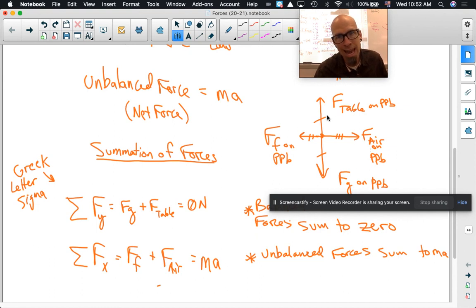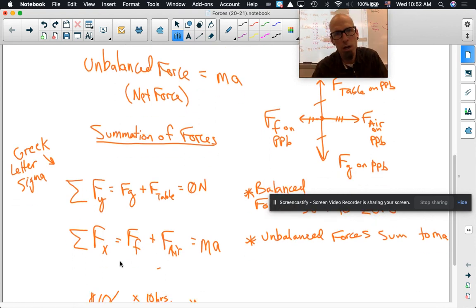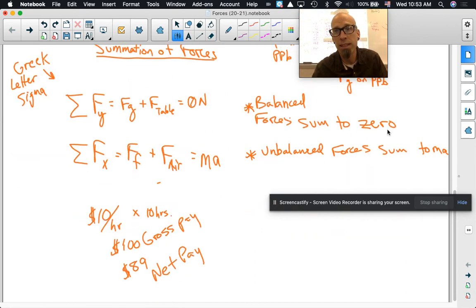So it's only the net result, the sum of all your pluses and all your minuses, that is how much force is really causing the acceleration. I hope that makes sense. That's what we're talking about with summation of forces. When they're balanced, they sum to 0. When they're unbalanced, they sum to MA, mass times acceleration.